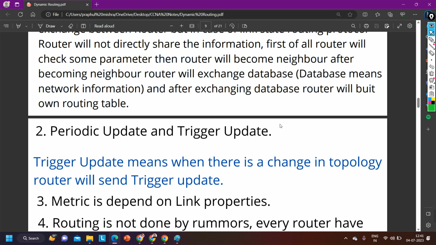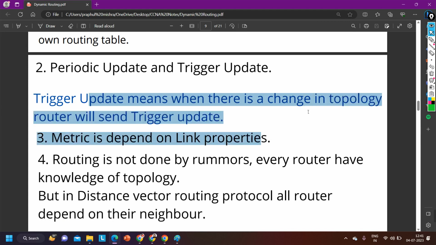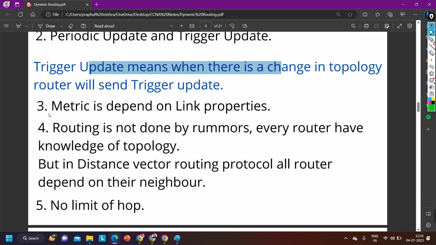There is one periodic message, that is the hello message, and we will discuss that message also. So for now, understand that link state routing protocol sends periodic messages as well as trigger messages. Trigger update means when there is a change in topology, the router will send a trigger update.